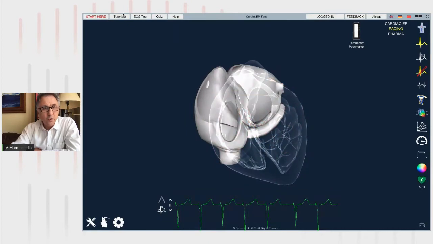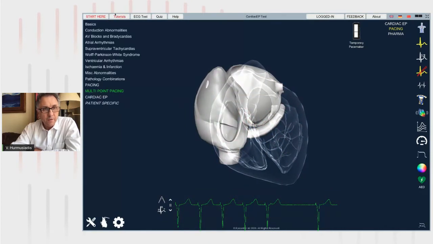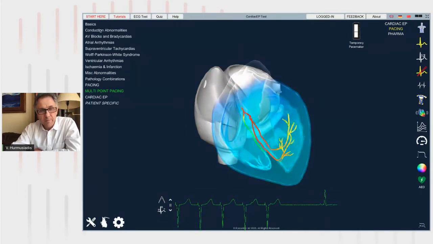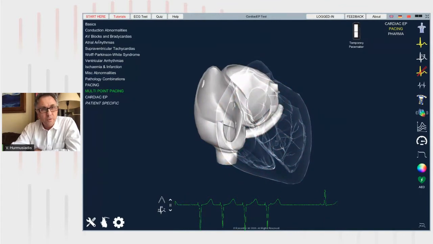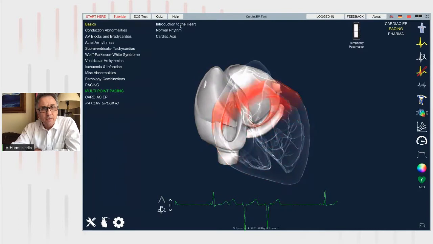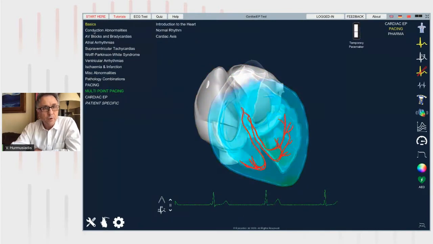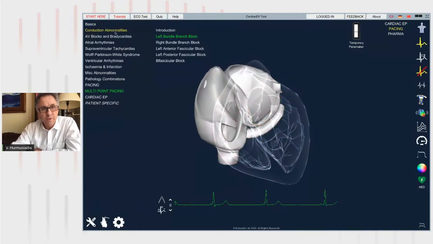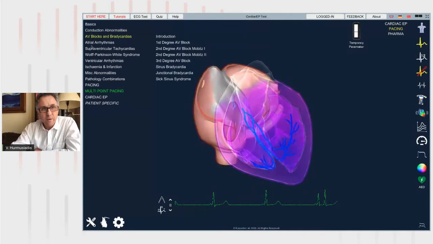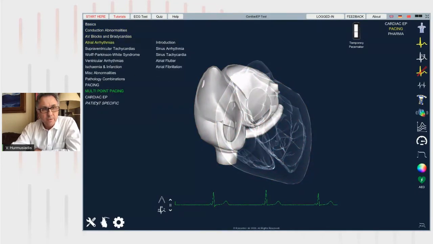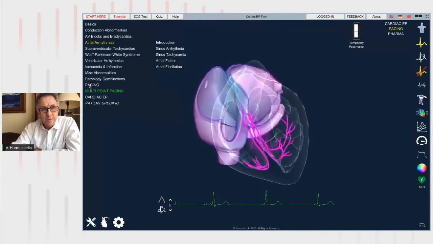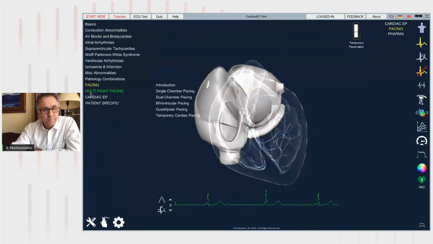They will follow tutorials. These are the interactive step-by-step tutorials, which introduce the subjects and go into introduction to the heart, normal rhythm, cardiac axis, then going into pathologies by groups: conduction abnormalities, AV blocks, atrial arrhythmias, etc. And then we're going into the pacing tutorials.